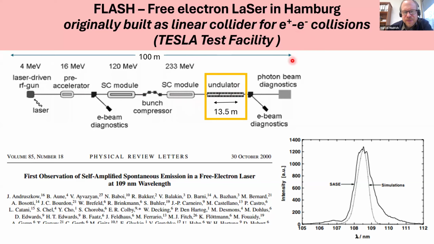But then it was realized that DESY cannot compete with CERN, the main European high energy physics institute in Switzerland. So they decided to convert both this linear accelerator into a free electron laser and the ring accelerator into PETRA II at the time. Now it's PETRA III, a synchrotron radiation source.